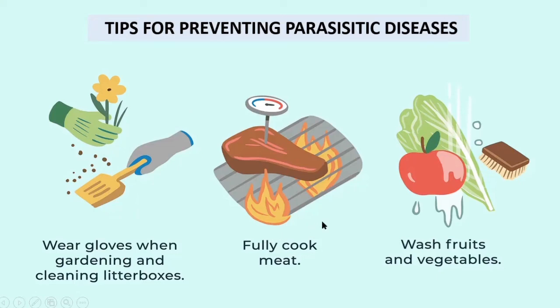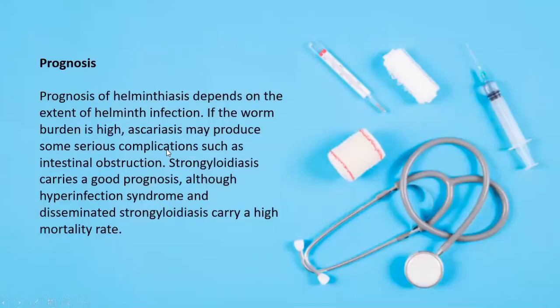We need to make sure that we completely cook the food or the meat so that we will be able to prevent certain parasites present in the meat, and we won't ingest them. And the next is wash fruits and vegetables. We need to make sure that our vegetables and fruits are washed completely and properly.